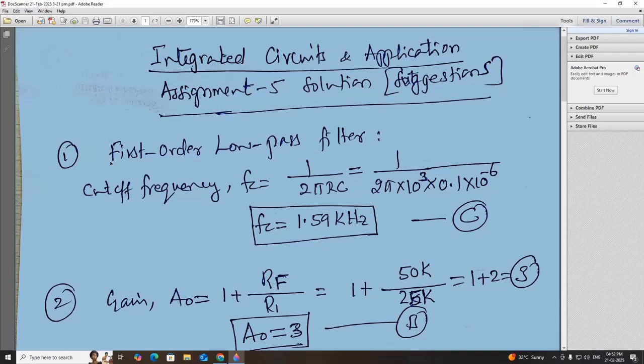For the first question, this is a first order low pass filter.